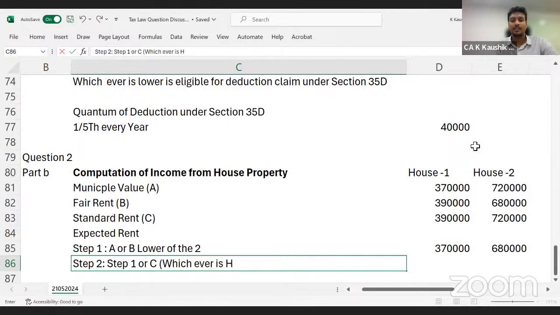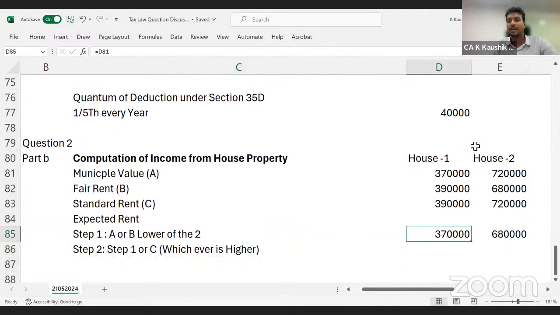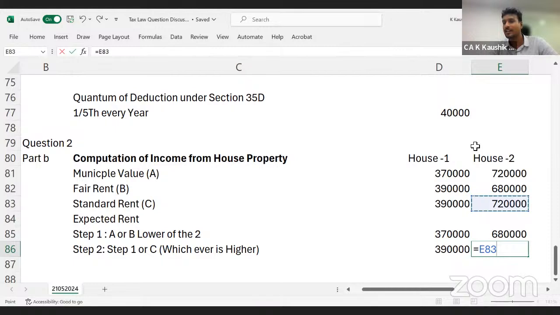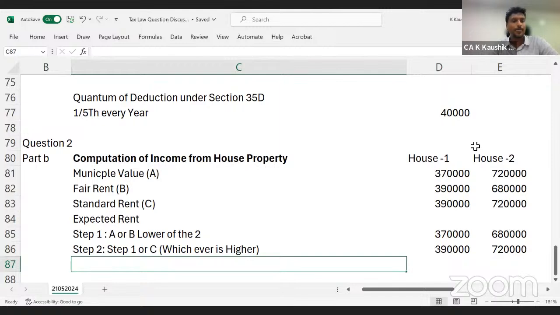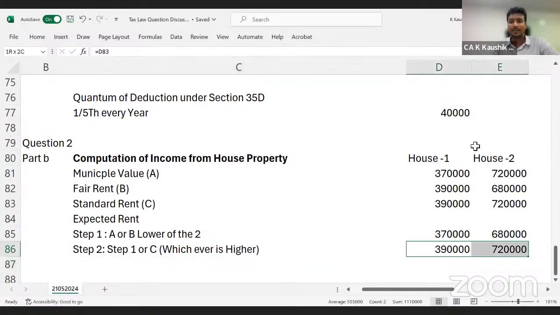So I compare 3,70,000 with 3,90,000, whichever is higher, I take 3,90,000. Here I compare again 6,80,000 or 7,20,000, whichever is higher, I take 7,20,000. Then this is my expected rent.